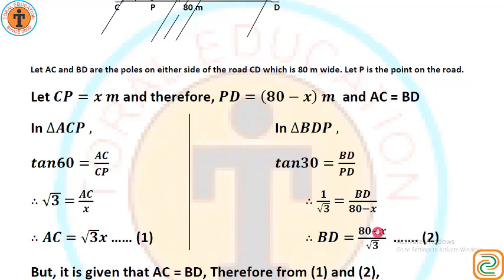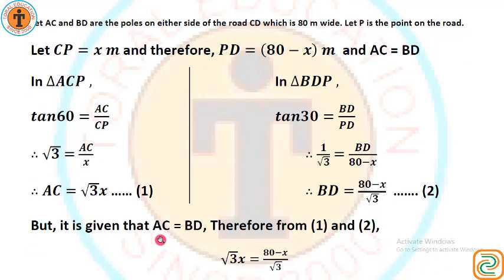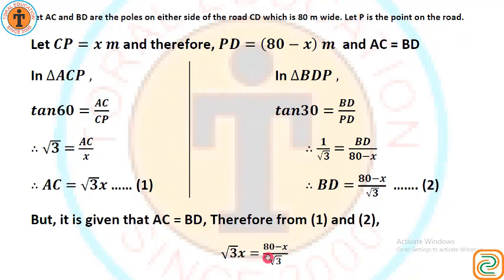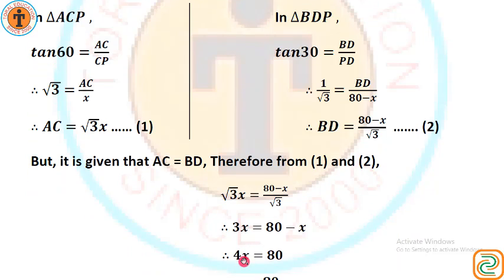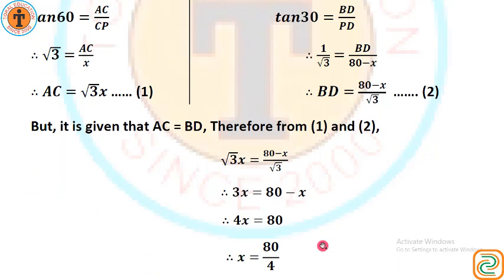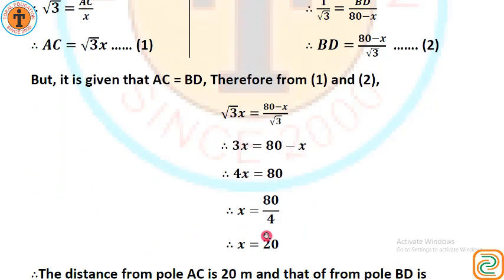But we know AC equals BD, therefore from 1 and 2, root 3 x equals this. Root 3 becomes 3, so 3x equals 80 minus x, and it will become 4x equals 80, therefore x equals 80 by 4.